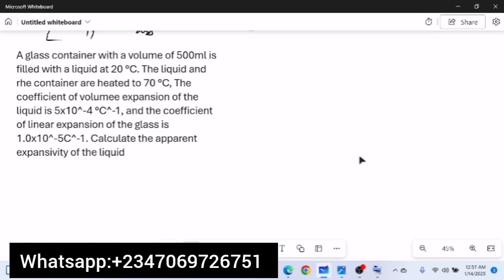Okay, so let's pick out our parameters. We are given the initial and final temperature. The original temperature, T0, is simply 20 degrees Celsius. The final temperature, T1, is 70 degrees Celsius.